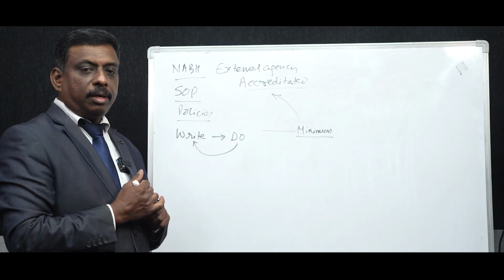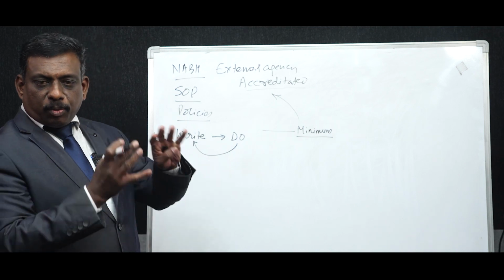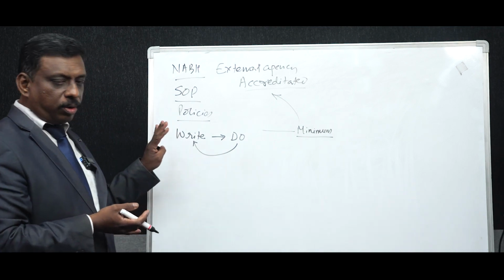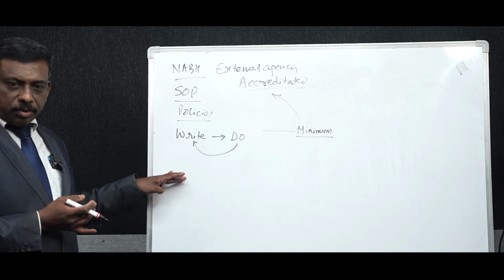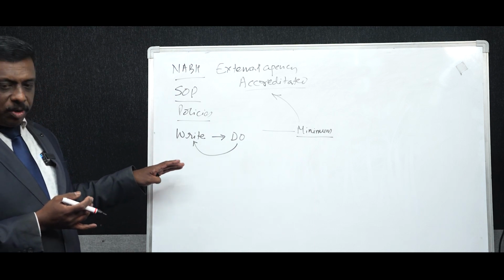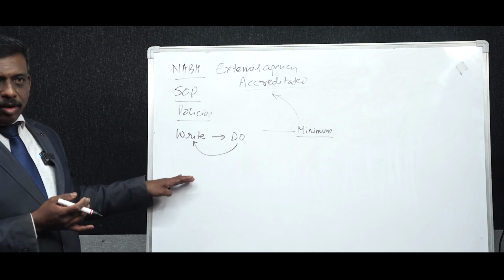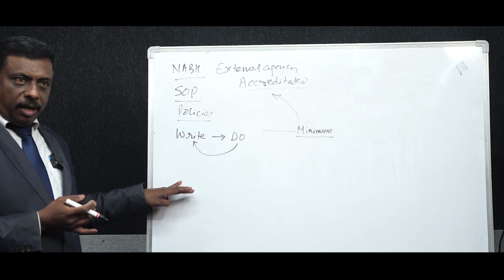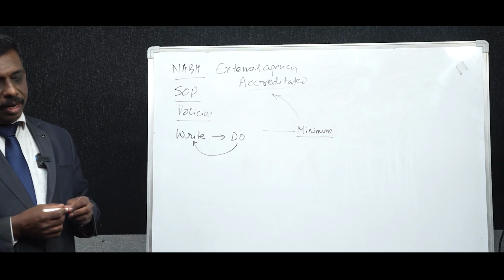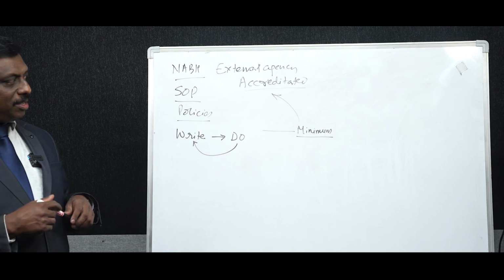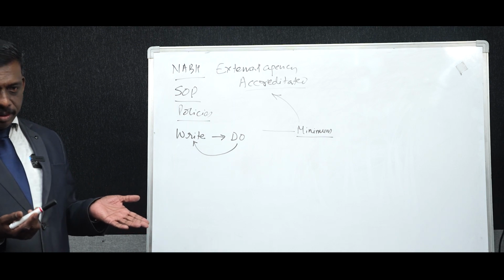In Six Sigma, the thing is opposite. Nobody is going to come from outside. You have to find out your problems, take measures to correct and solve those problems, and improve your quality. That is Six Sigma, right? Everything is internal. NABH is external, Six Sigma is internal.